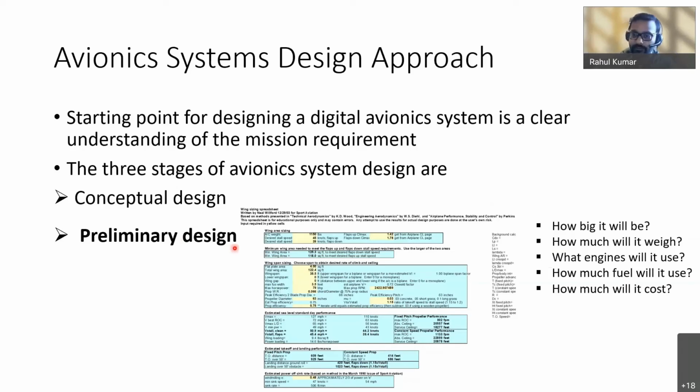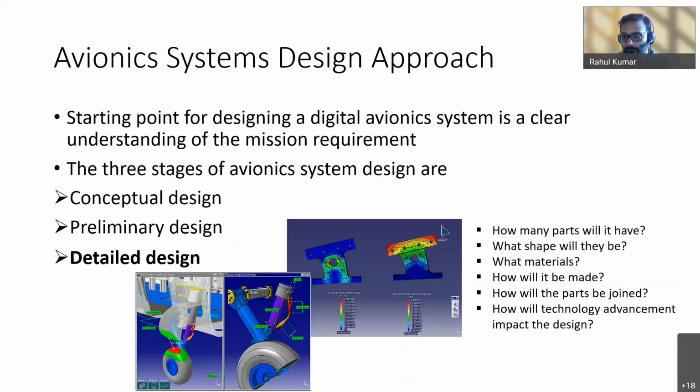So you will estimate the weight and the size of the avionics system, how much fuel it may consume, and what will be the cost of that avionics system. After you have done this analysis, the next stage before fabricating the avionics system is your detailed design stage.